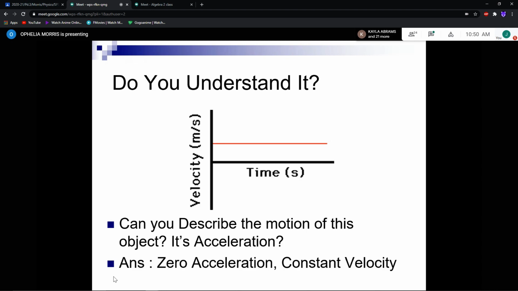However, my acceleration is 0. So my velocity at that point would be 55 meters per second. Now, what is my acceleration? It's going to be 55 minus 55, so my acceleration will be 0, because 0 divided by any number is going to give me 0. Everybody's good?